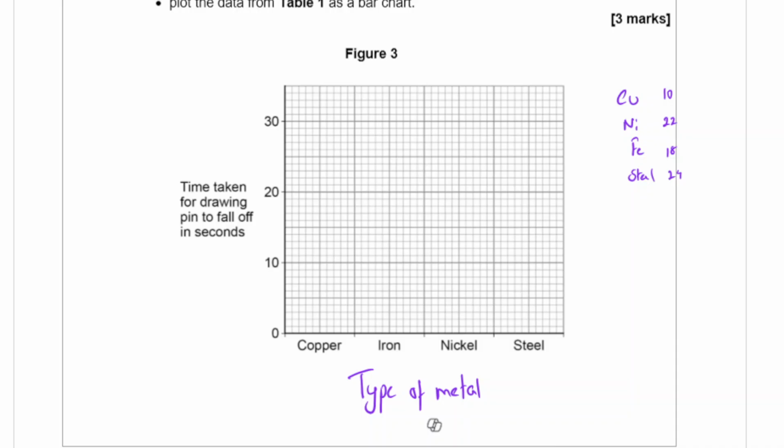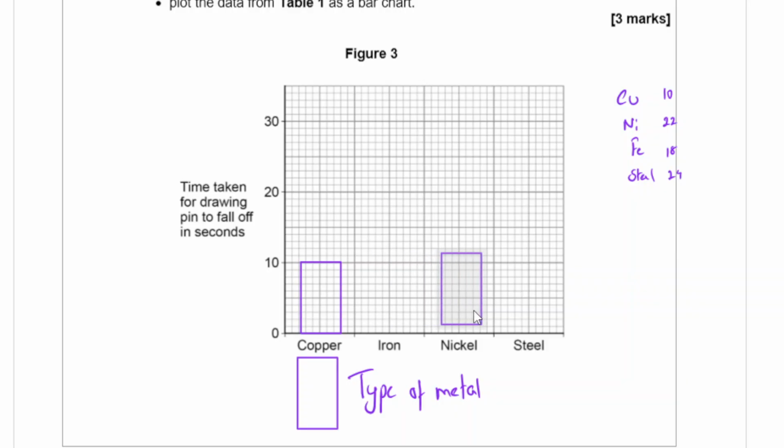Now for the copper, I'm going to add shapes. Let's see if I can do that. So for the copper, it's 10. There you go, that would be 10. Nickel is 22. Maybe I can copy this.